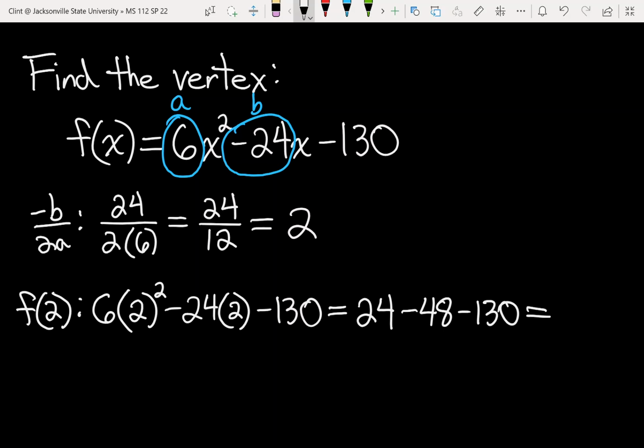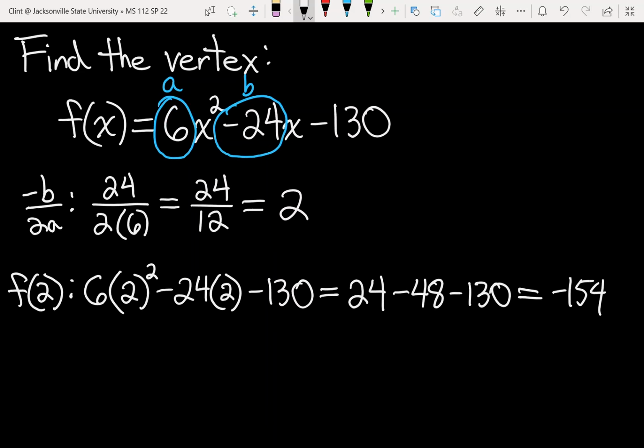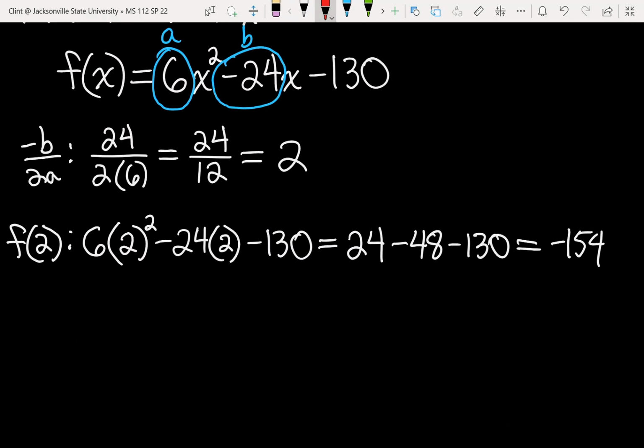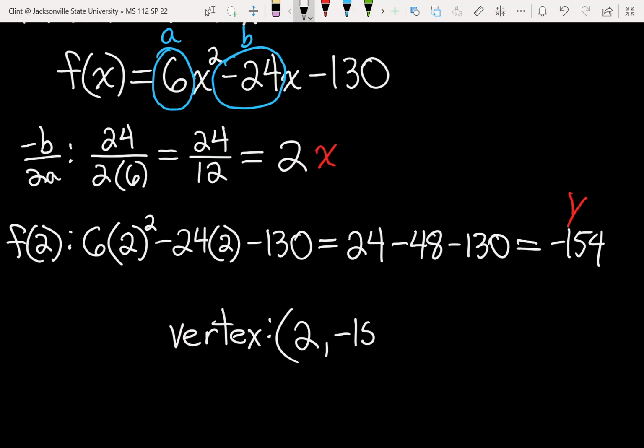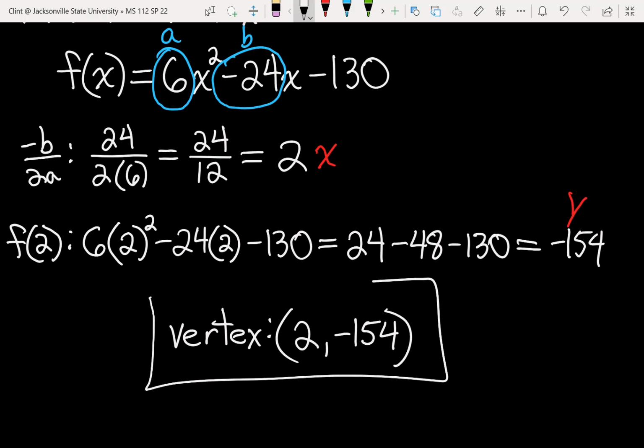On that one, it comes out ugly. We get negative 154. That's okay. So this is going to be my x. This is going to be my y. So my vertex is at the point (2, negative 154). So we got a big number for the y-coordinate there, but that's okay.